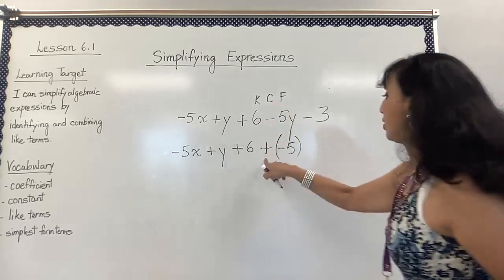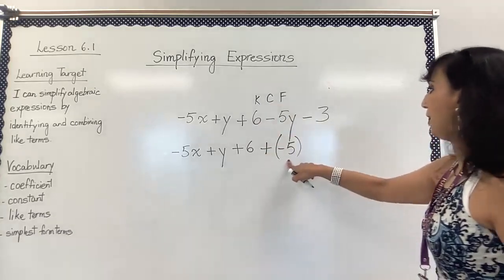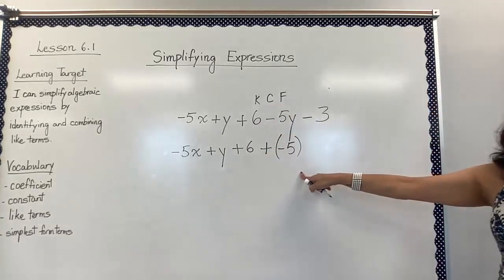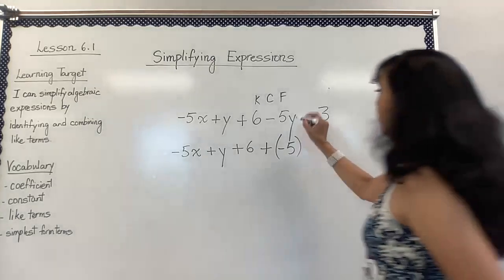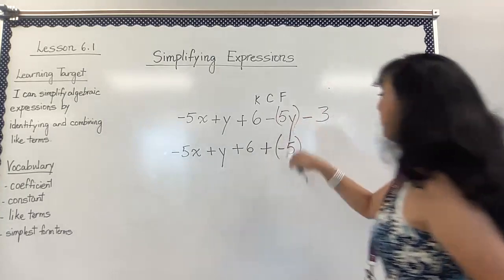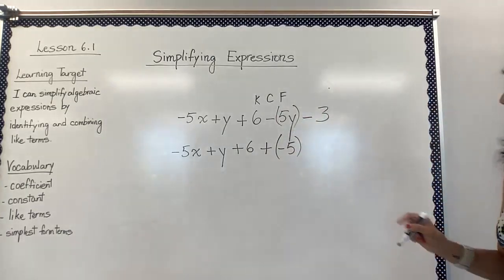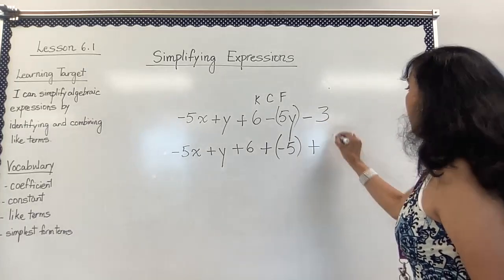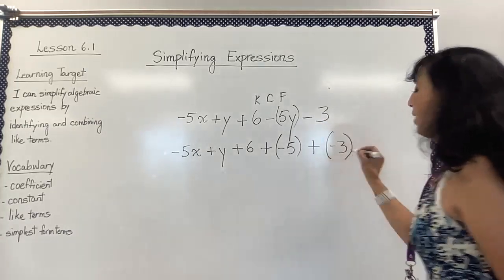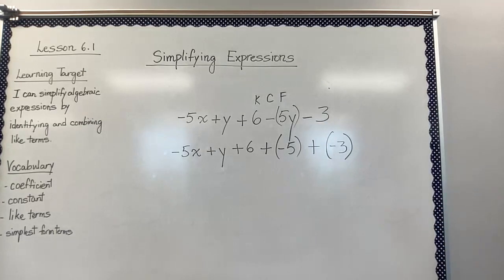I've changed the minus to the plus, and then this is going to become plus a negative 5y, because think of it this way. That means it's plus, it becomes minus. All right. Same thing here. We're going to keep, change, and flip the 3 to -3. Okay, so we're going to rewrite the subtraction as addition.